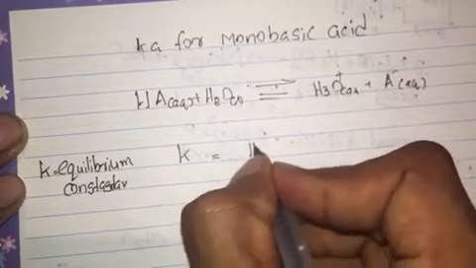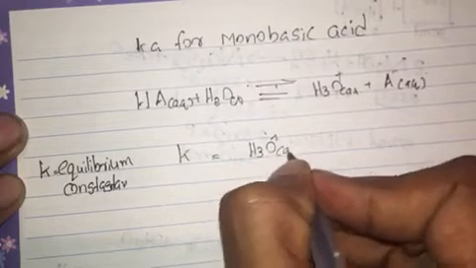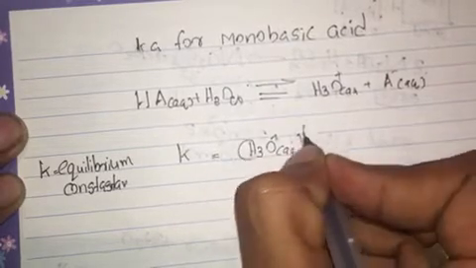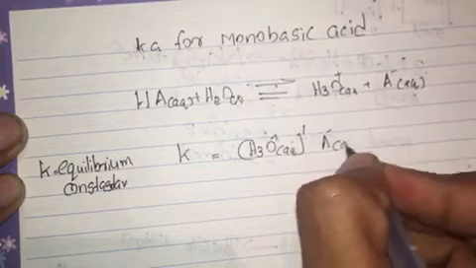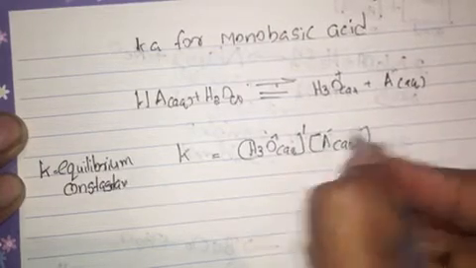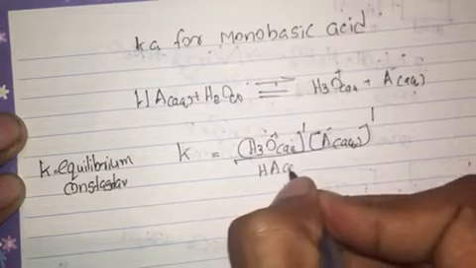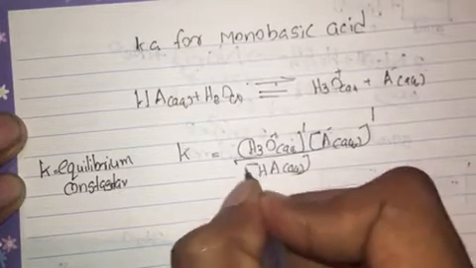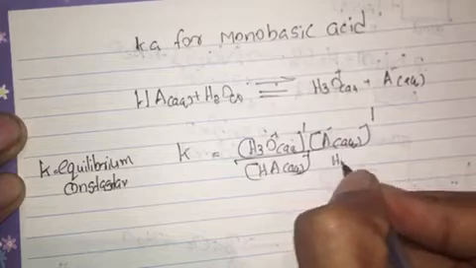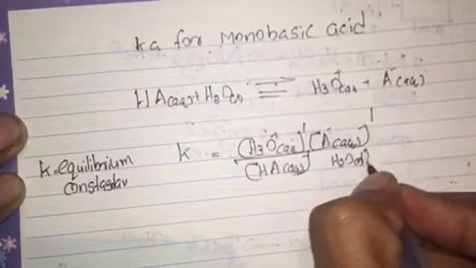K is equal to [H3O plus](aq) [A minus](aq) over [HA](aq) [H2O](l).